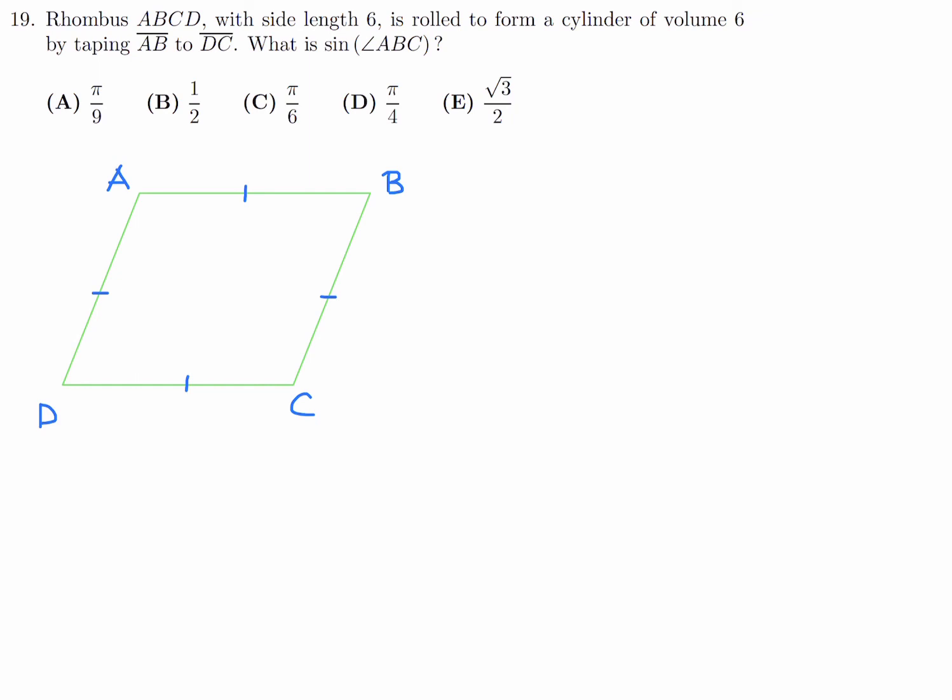Nothing wrong with visualization aided by a prop. Obviously, you can't do that on a math contest unless you're allowed to bring tape, but you can draw it out and then fold it on a piece of paper.